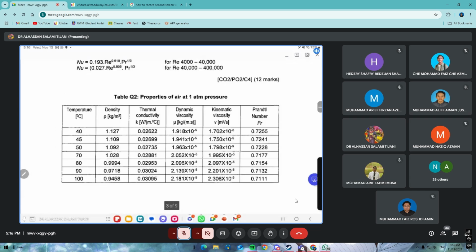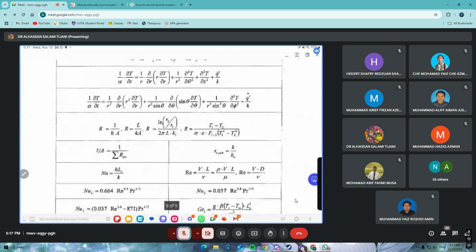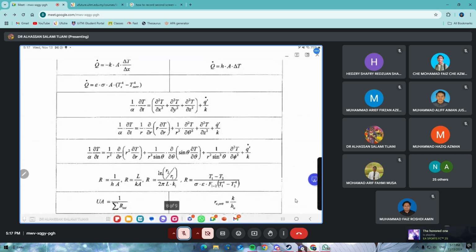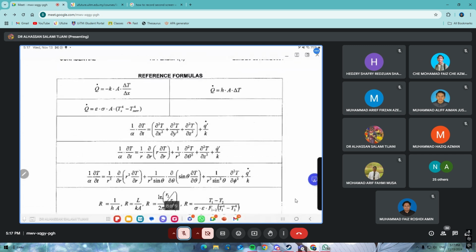So like I always tell you, you can just flip down to this section and copy this. Okay, you can copy this equation, 1 over alpha dT over dt, and then you continue from there.